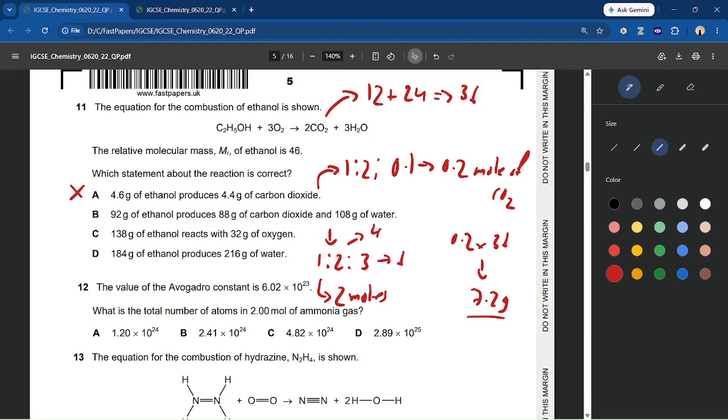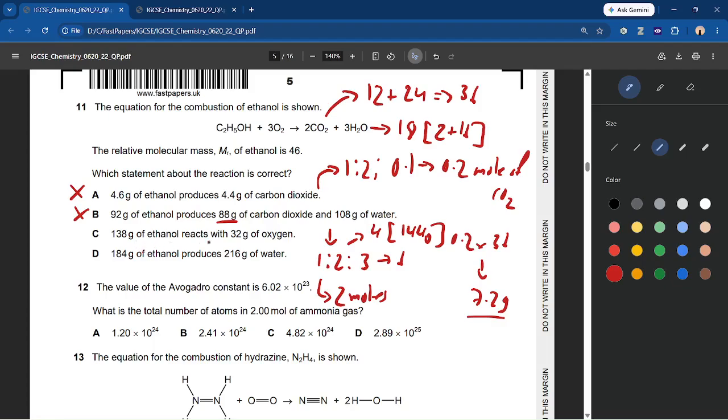Let's first calculate water. 6 into the Mr of water, 18, because that's going to be 2 plus 16. So 6 into 18, 108 grams, that's fine. And carbon dioxide, 4 into 44, and this is not 88. This is actually 176 grams. So this is also incorrect.